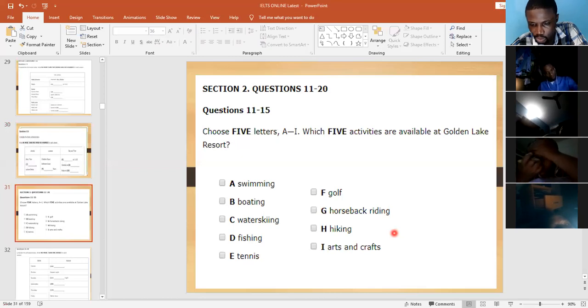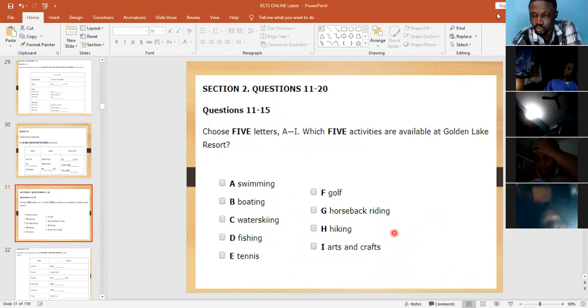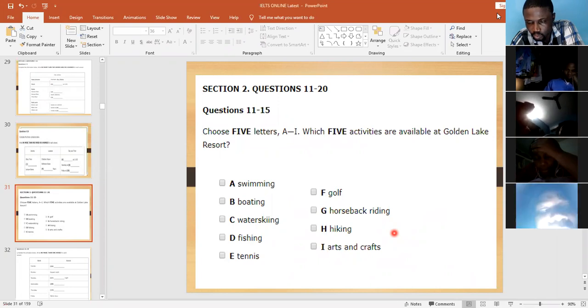Section 2. You will hear a radio interview about a lakeside resort. First, you have some time to look at questions 11 to 15.